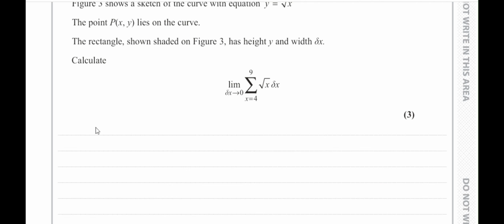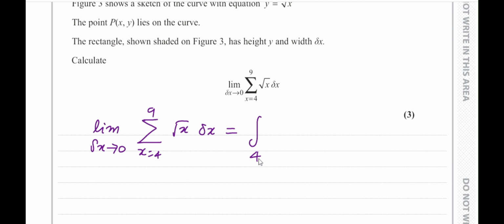So let's write the limit as delta x tends to 0 of sigma from x equals 4 to x equals 9 of square root of x delta x is equal to the integral between 4 and 9 of square root of x dx.